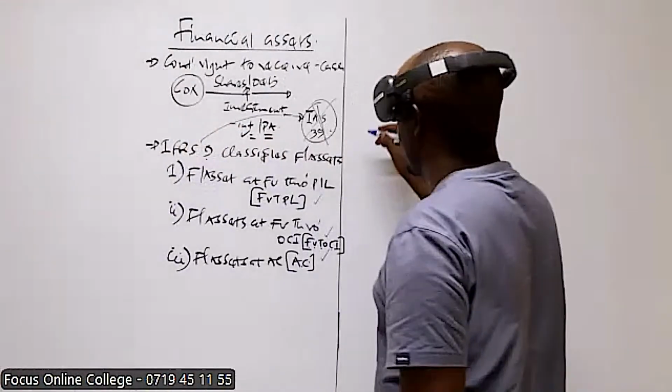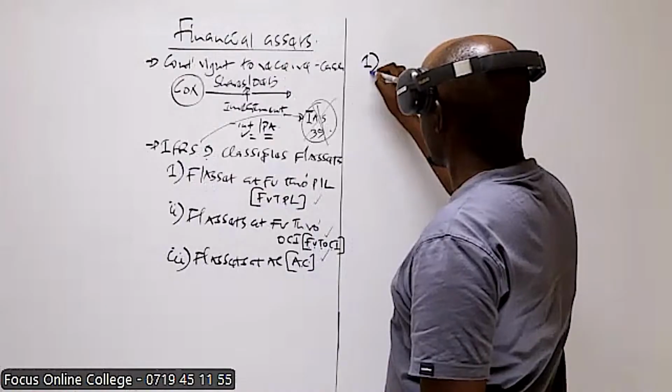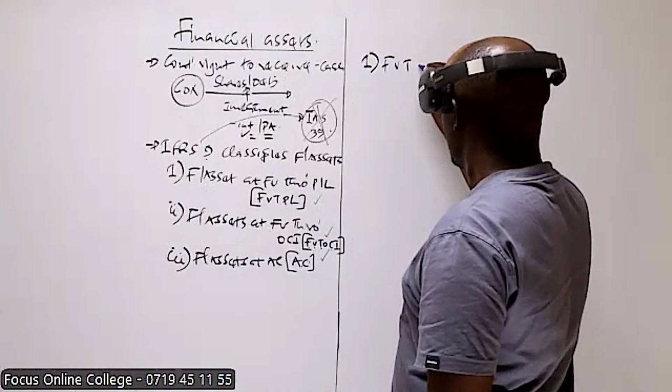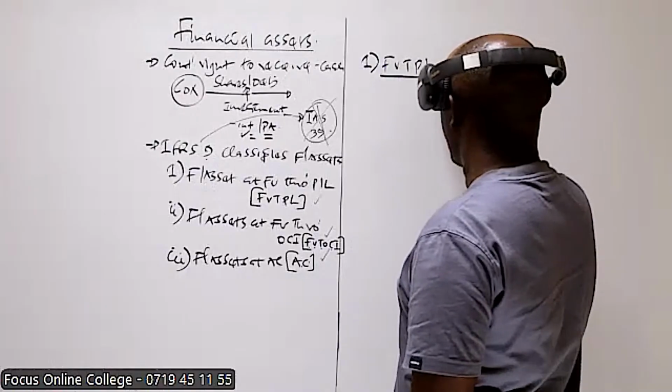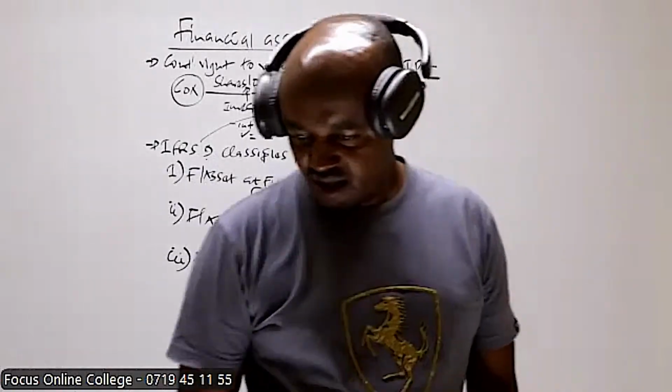Let's start with the first category of financial asset, and that is financial asset at fair value through profit and loss. Just a minute, please.